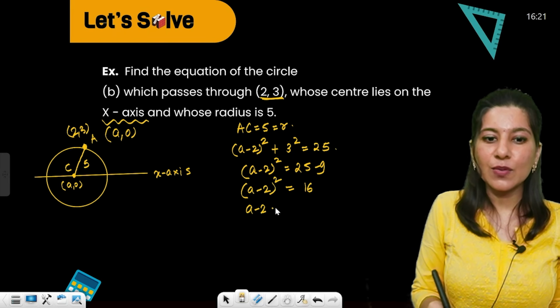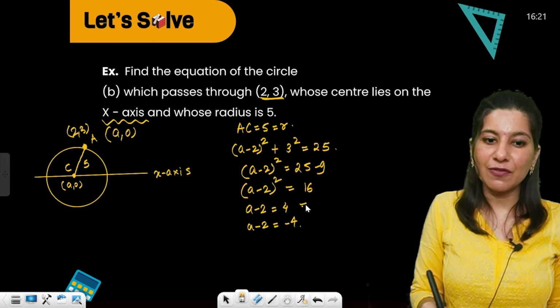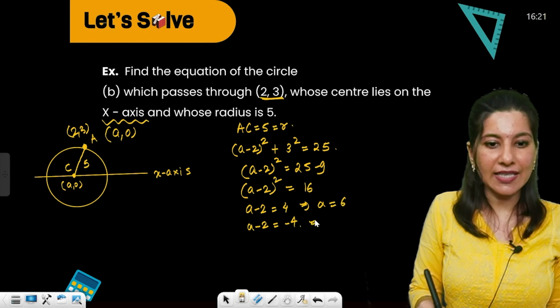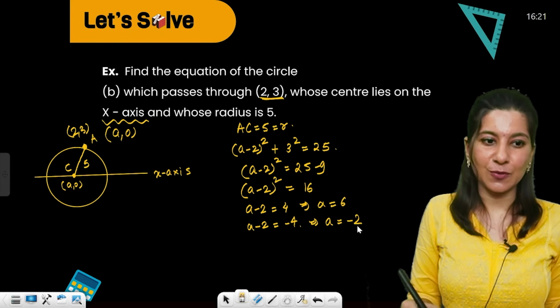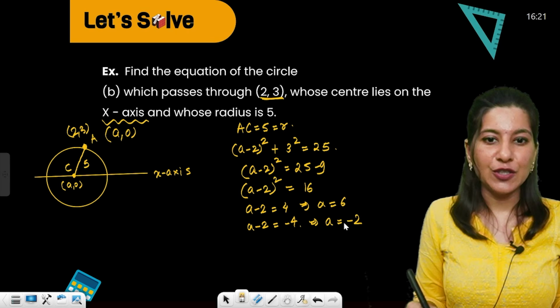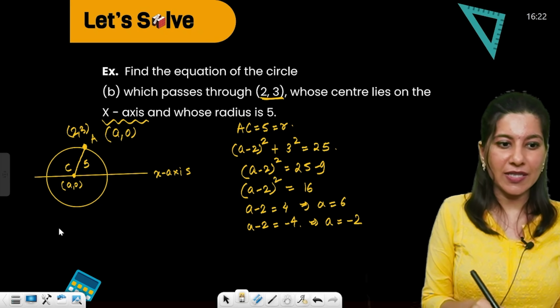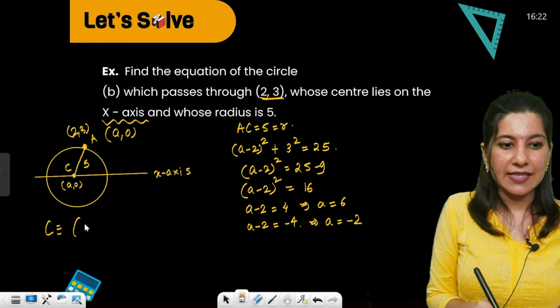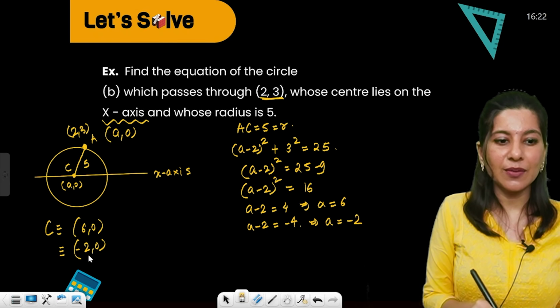So a - 2 is either plus 4 or a - 2 will be minus 4. So from here you will get a equal to 6, or from here you will get a equal to -2. So either your center is (6, 0), or your center will be (-2, 0), right?